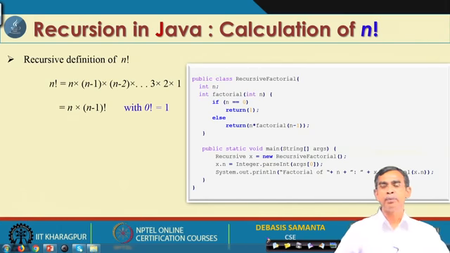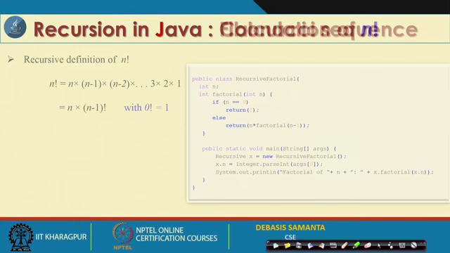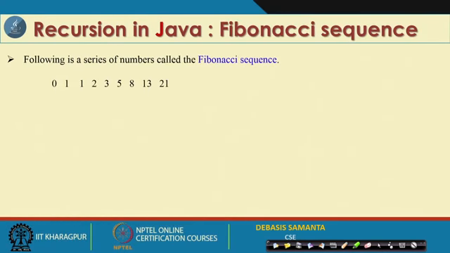Now, if we practice more recursive programs, then your concept of recursion will be good. So, I will discuss a few more examples. Another good example for discussing recursive program writing is the series I have listed here.